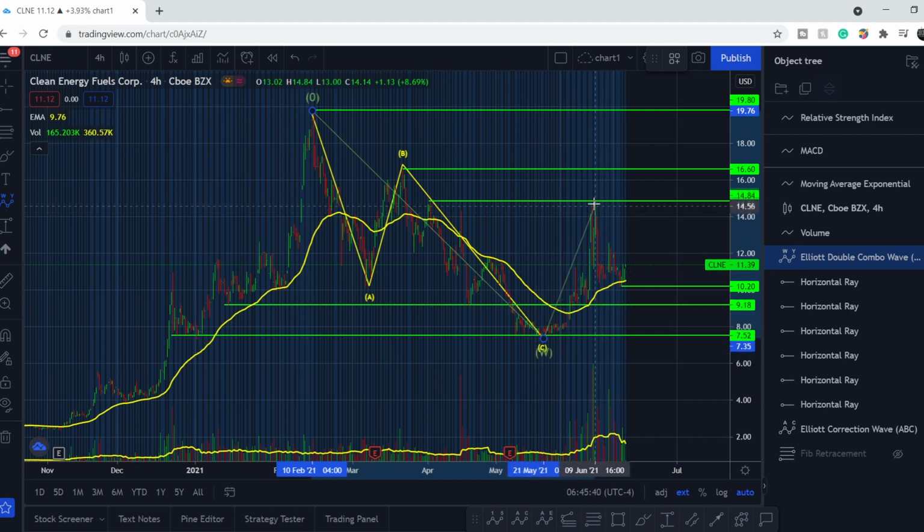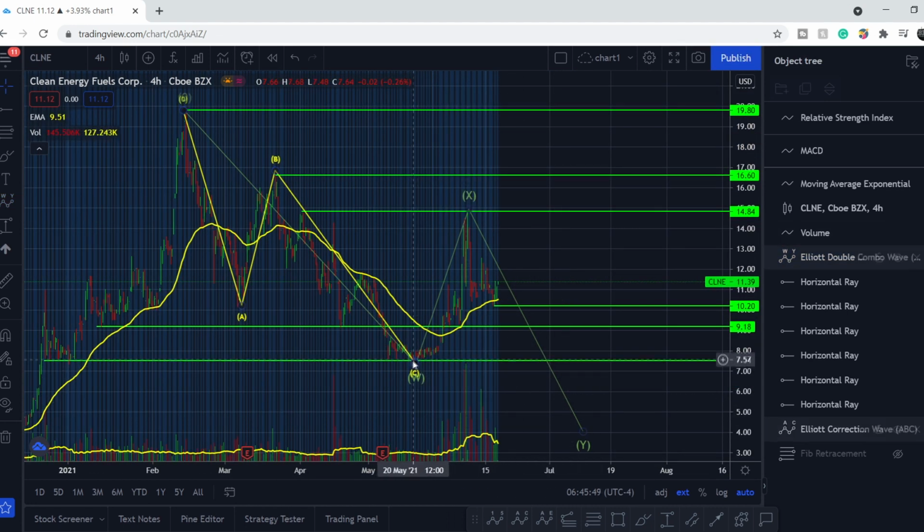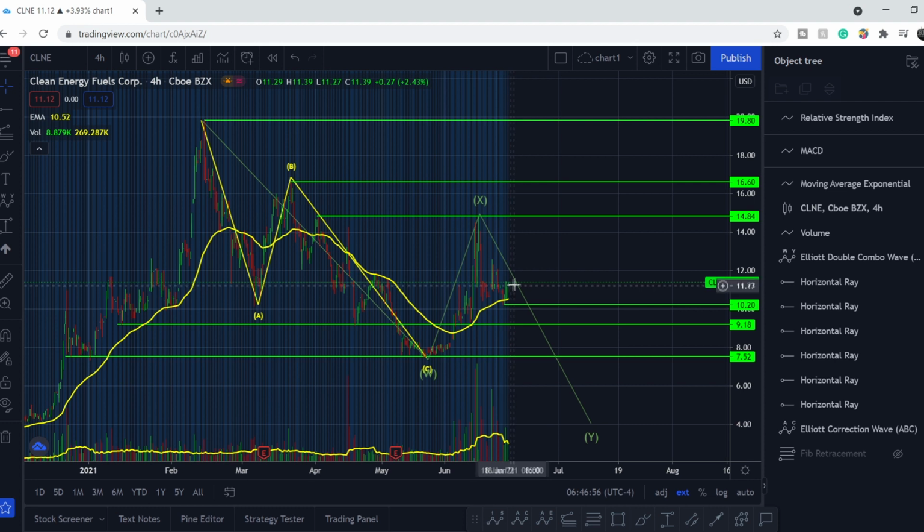It is a W. The next wave is X, and the third bottom will be the Y point, and it will be lower than the W. So this is the bearish case, and you have to keep an eye on these three key points, and if all the major pivots hold, we will have an opportunity to hit these resistance levels. So for now, I think from the technical standpoint that's it.